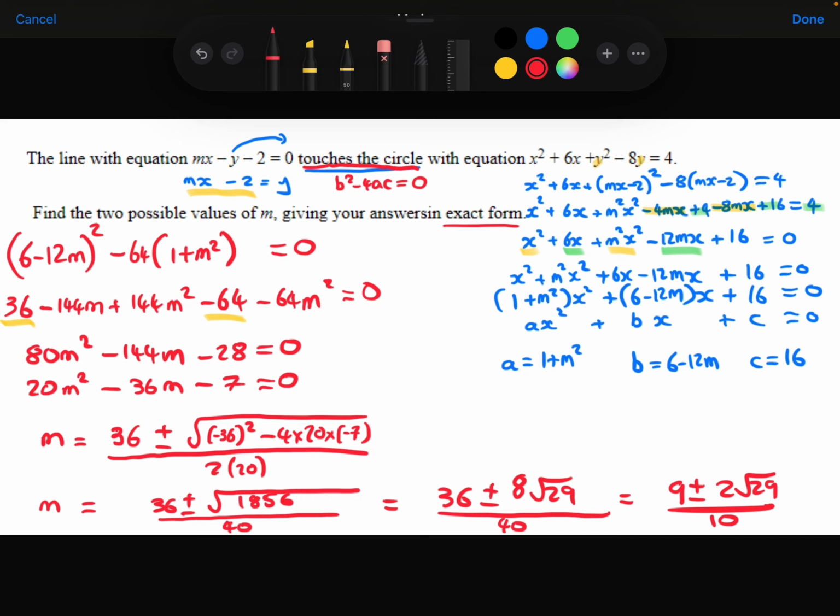So 9 plus 2 root 29 over 10, and 9 minus 2 root 29 over 10.